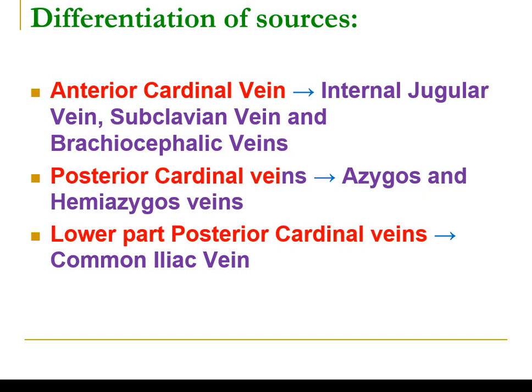Differentiation of the sources of the veins. From the anterior cardinal veins develop the internal jugular vein, subclavian vein, and brachiocephalic veins. From the posterior cardinal veins develop the azygous and hemiazygous veins of the posterior thoracic cavity.